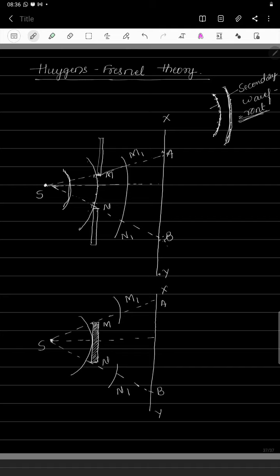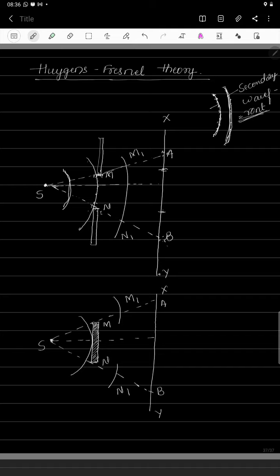When this hits the opening, one would expect the encroachment of light into the geometrical shadow region. In the portion of the opening Mn, we should expect this to be the illuminated portion, but actually the illuminated portion on the screen increases. Why? Because of the diffraction phenomenon. At the edge it bends and enters the geometrical shadow region, and because of that the illuminated portion on the screen increases.